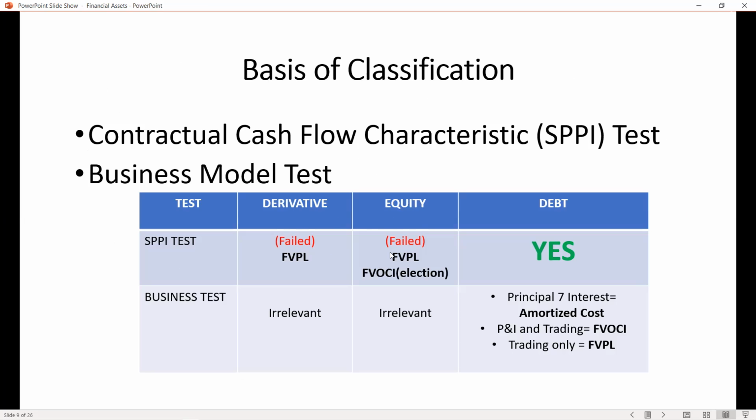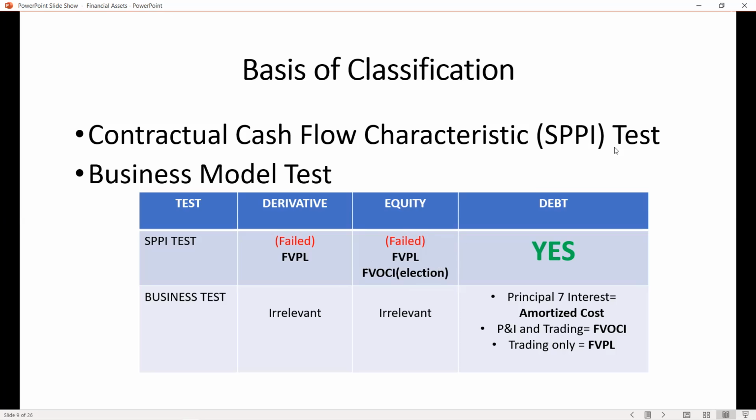So traditionally, equity securities are measured through FVPL. And if the board of directors elects to measure that equity at FVOCI, if the equity security was supposed to be held for trading and the board votes to reclassify it as available for sale, then it must be under FVOCI.